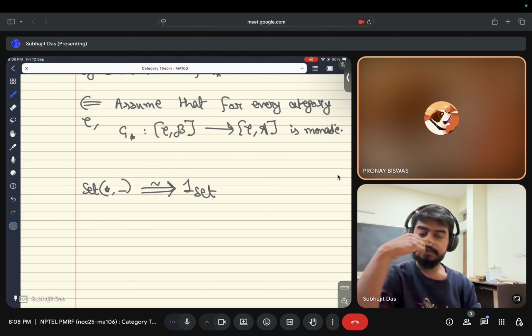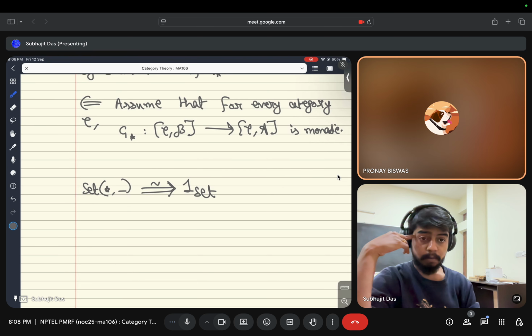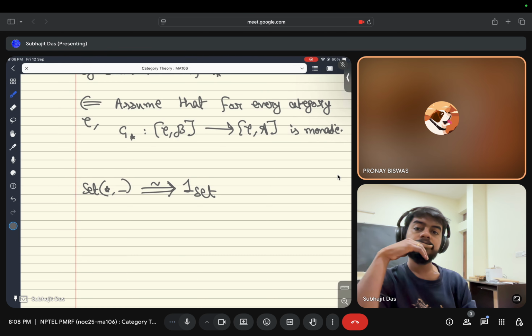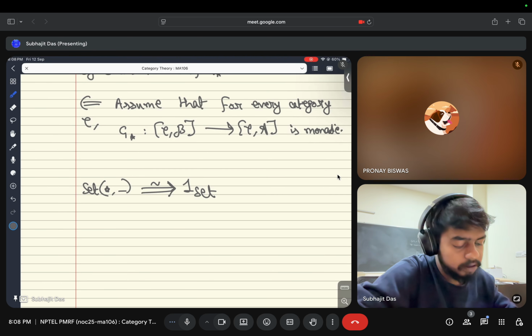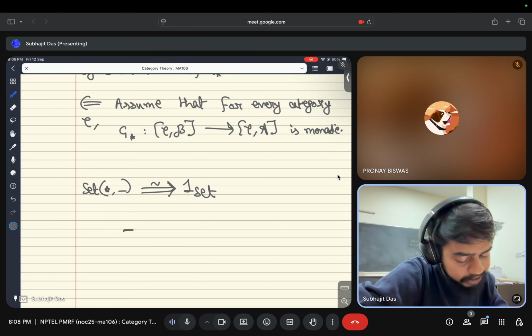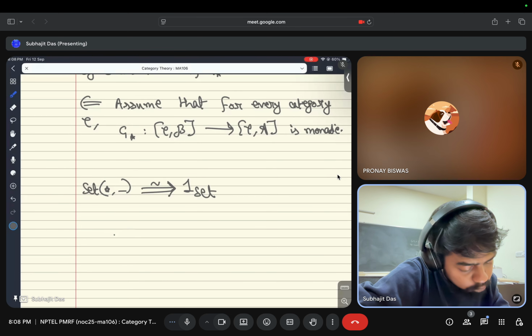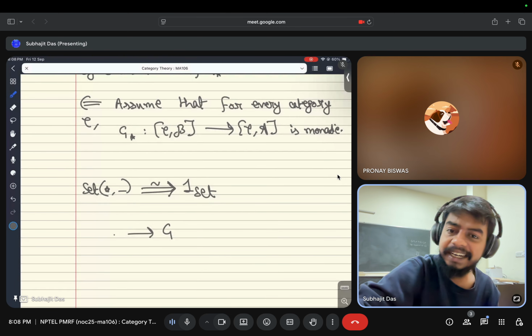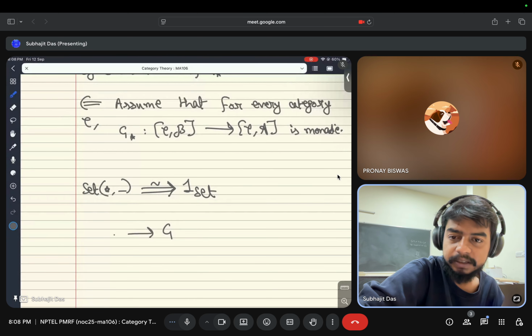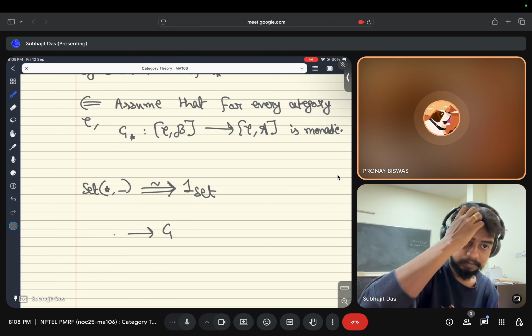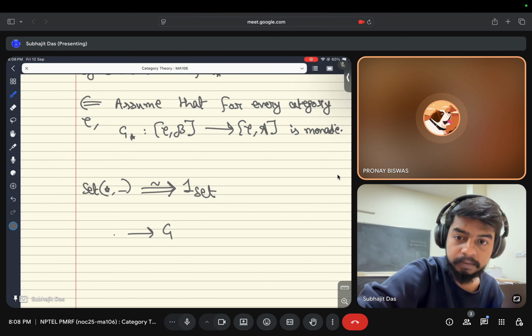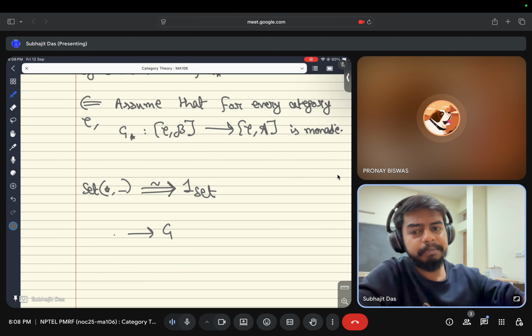So maps from this object to a group G are exactly elements of G. No, because you have only one map in that case.